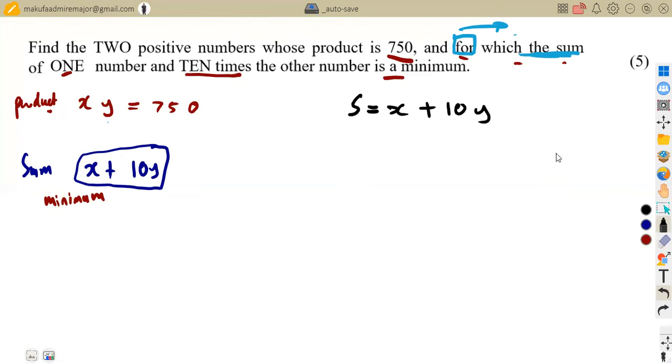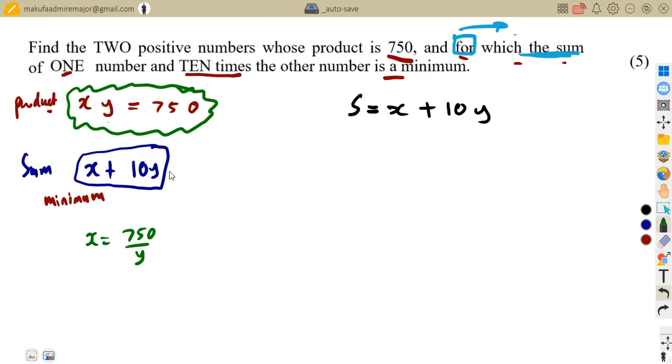So where are we going to have a substitution from? The product. Because it's an equation that you are given there that you can play around with, either to make x the subject. If you make x the subject, it's going to be 750 over y. If you make y the subject, it is going to be 750 over x. Whatever that you want to make the subject, you can make it the subject. But what is important is that here, if you check, y is already the subject. I mean, we already have a part that has got y here.